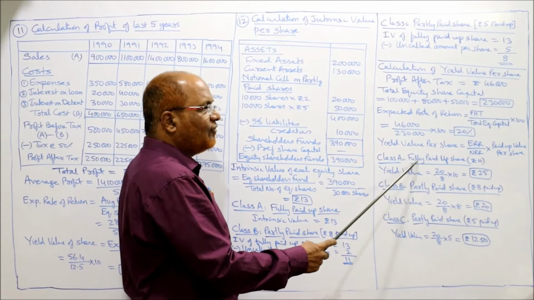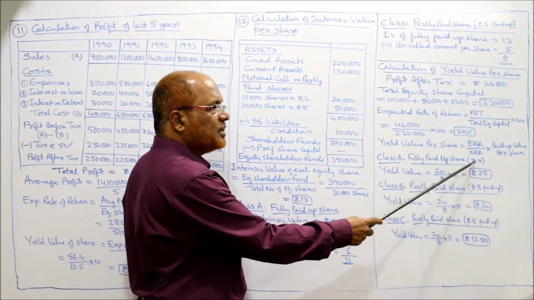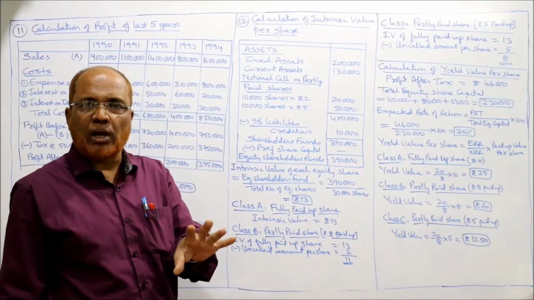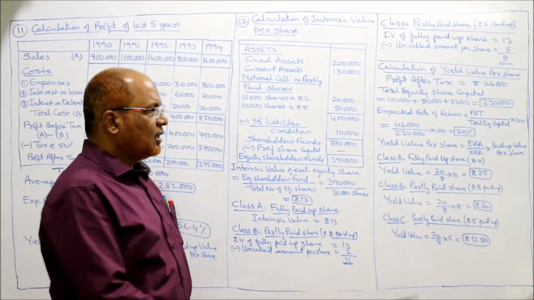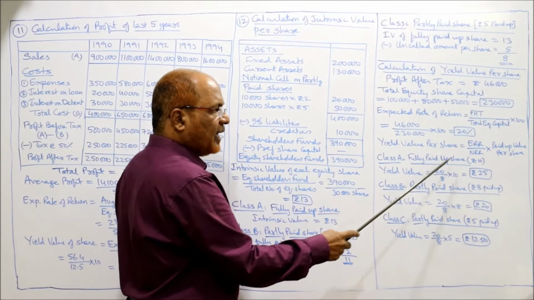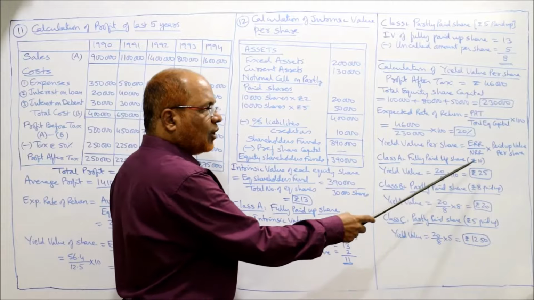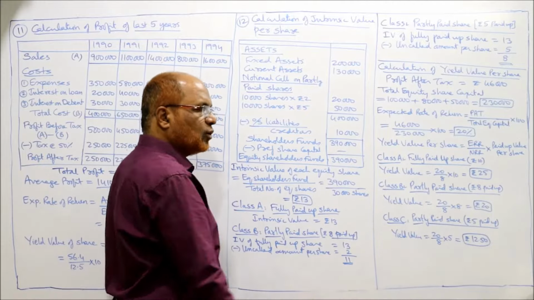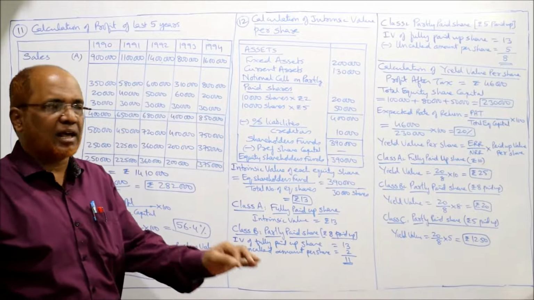Class A fully paid up share ₹10. 10 रुपए का शेयर है, कंपनी ने पूरे 10 रुपए कॉल कर लिए, तो पेड अप 10 रुपीज, तो yield value is equal to 20, ERR 20, NRR 8, और पेड अप वैल्यू 10 रुपीज है, तो 20 डिवाइड बाय 8 into 10, 25 रुपीज is the yield value for A class of share.